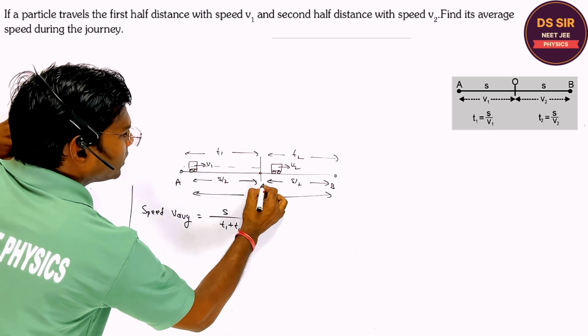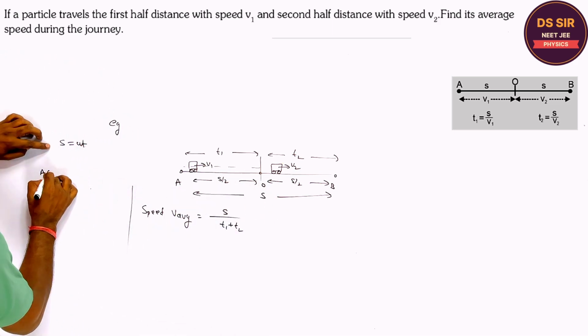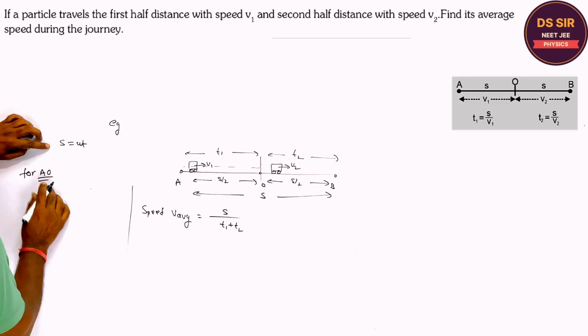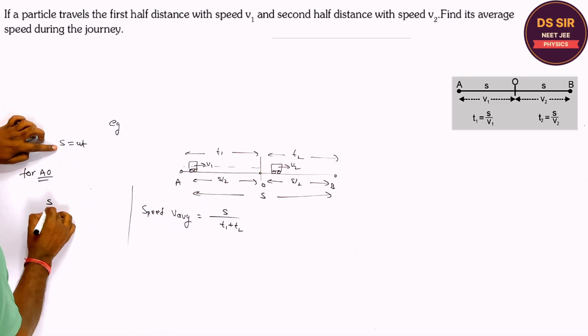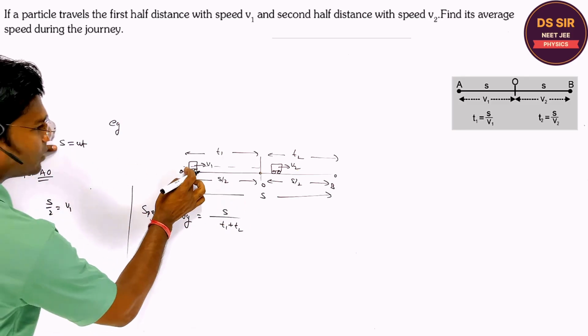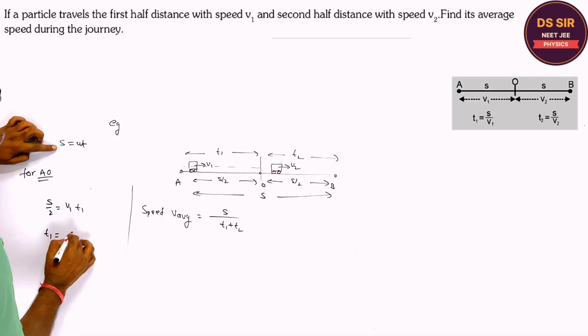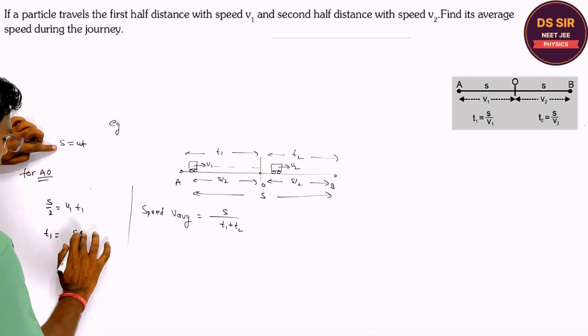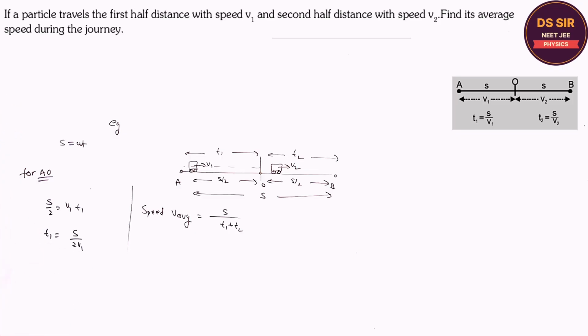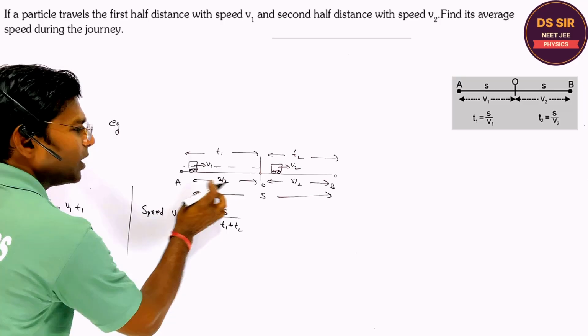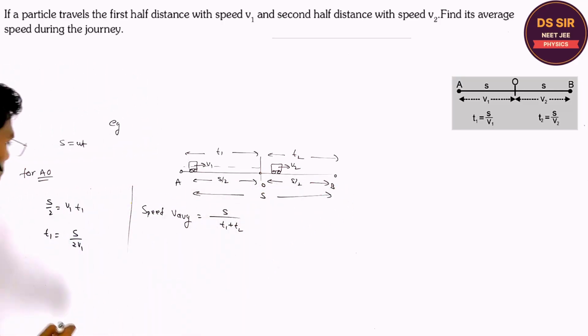I am assuming it is AO. For the AO, the distance is s by 2, the speed is v1, the time is t1. So what is t1? s upon 2v1. Is it clear or not, you tell? So this is the time taken from A to O. What is the time taken from O to B?